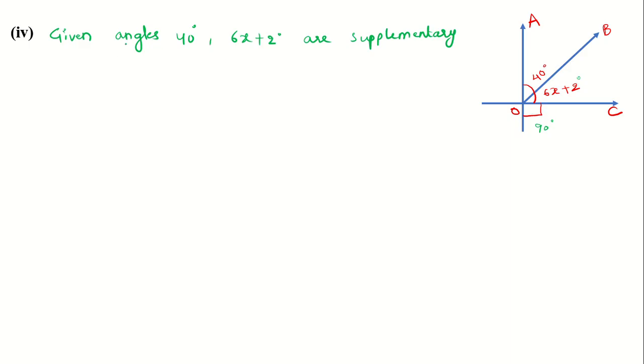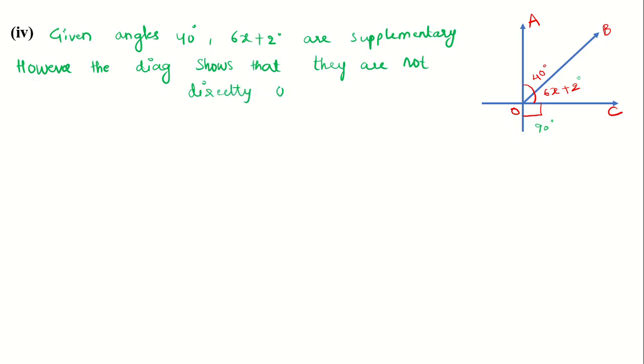However, the diagram shows that they are not directly on a straight line, right? A fully straight line is not formed here.